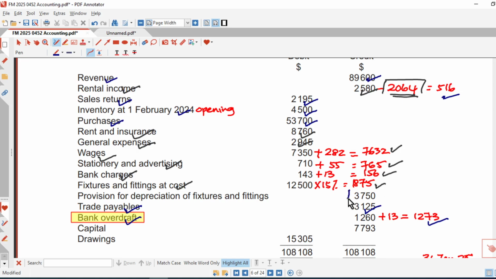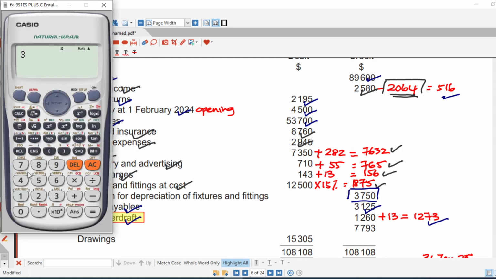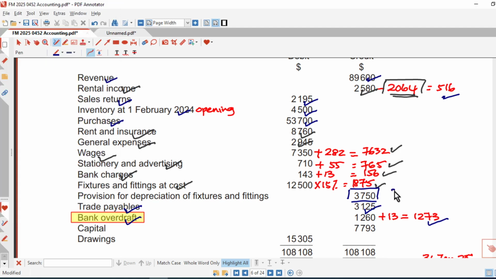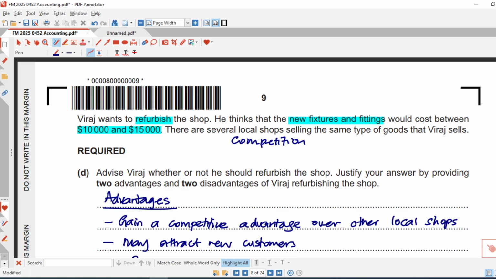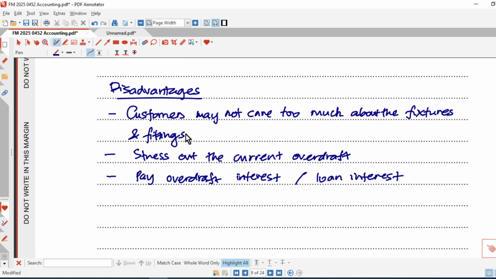Do you see this figure here? 3,750? Now, how many years have we depreciated the fixtures and fittings? Only for 2 years, right? That means your current fixtures and fittings are only 2 years old. They are new, right? It's still new. It's only 2 years old.